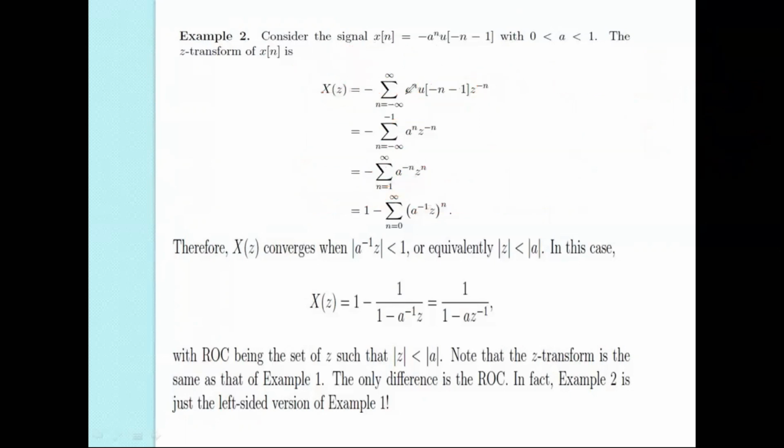So see here the same thing, they also did x of z is equal to minus sum of n equal to minus infinite a power n mu of minus n minus 1 z power minus n. And taking the limitations here from minus infinite to minus 1, replacing mu of minus n minus 1 as 1. So a power n z power minus n, and the minus is already there.